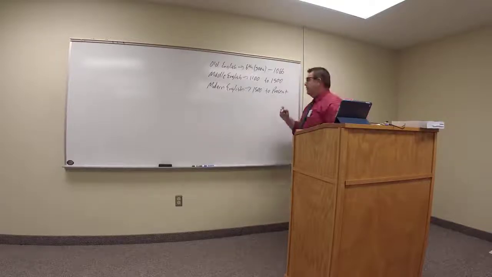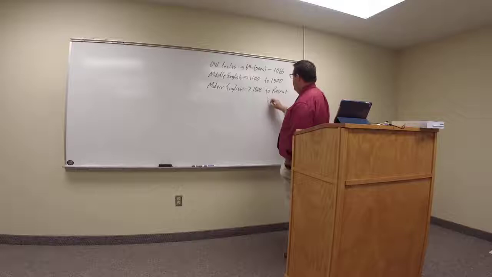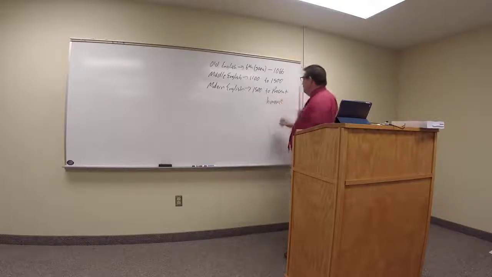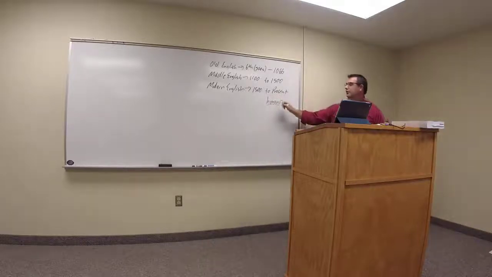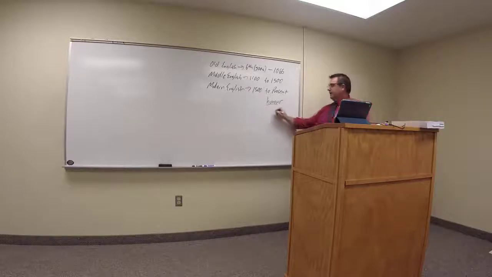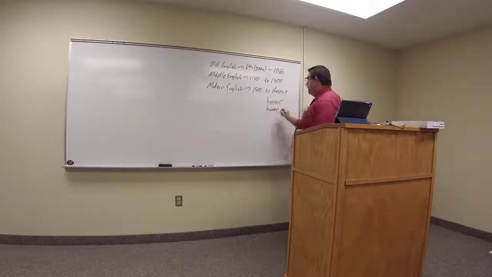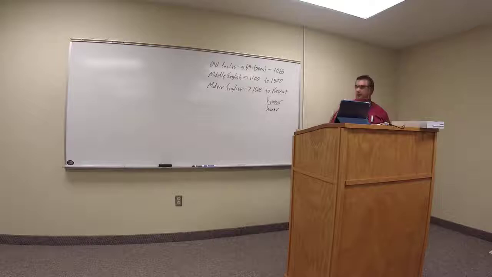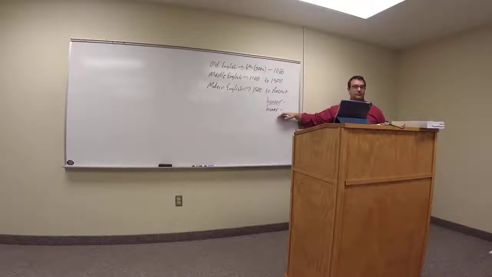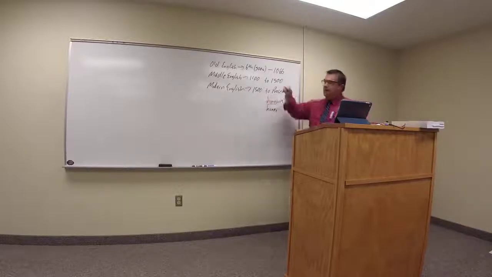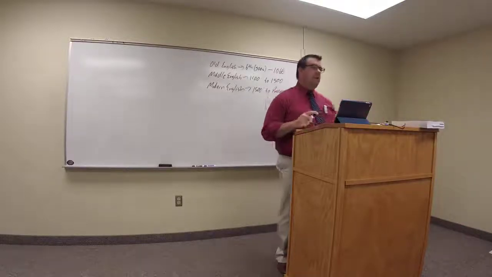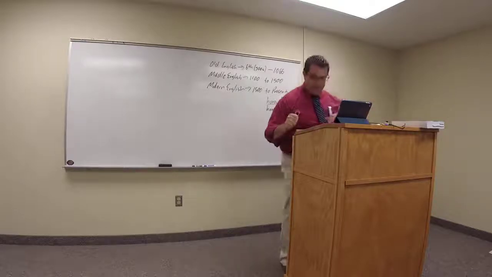So even right now in Britain, how do they spell the word honor? H-O-N-O-U-R, right? How do we spell honor in America? H-O-N-O-R, right? Okay? So that's the British spelling, that's the what? That's the American spelling. Are they both English? Yeah, okay? So there's these time periods in the history of the development of the English language that you need to be aware of, okay?